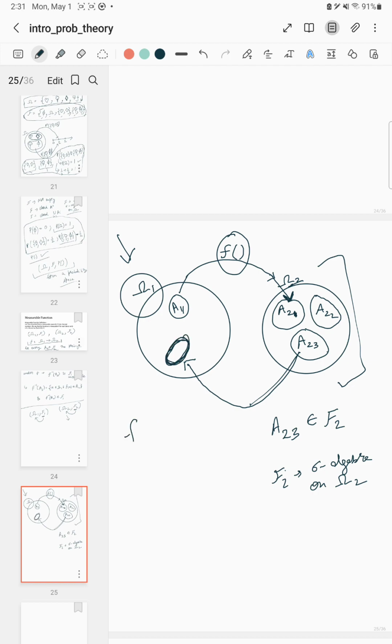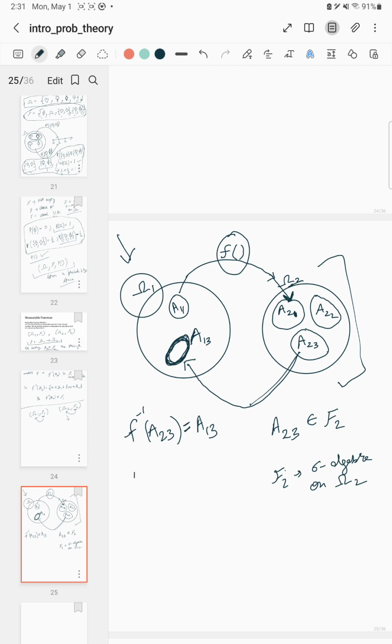So f inverse of A23 is equal to, let's name it, A13. This set highlighted here is A13.